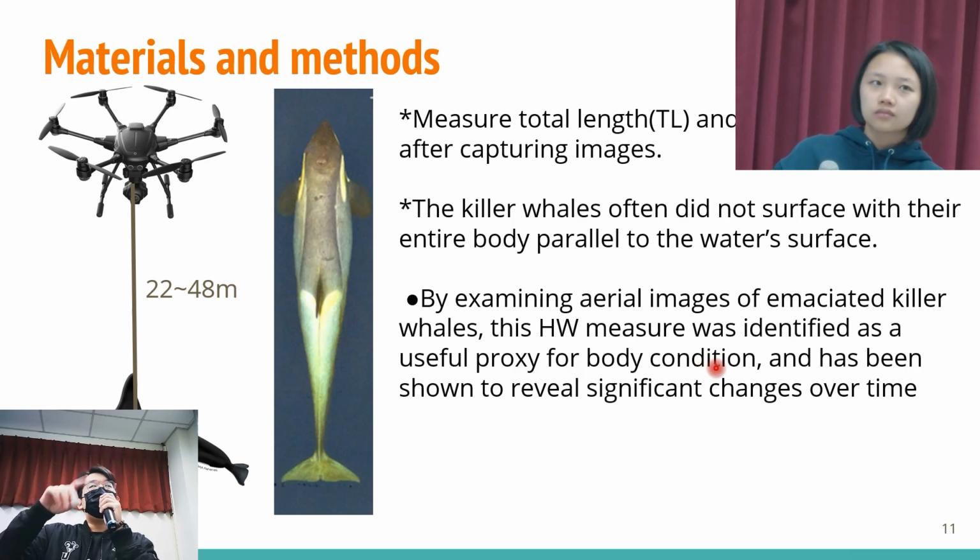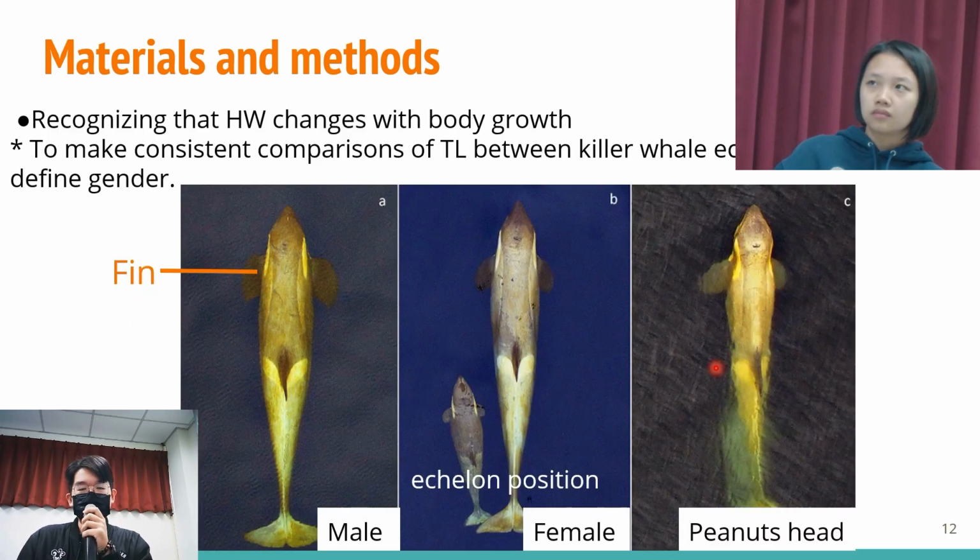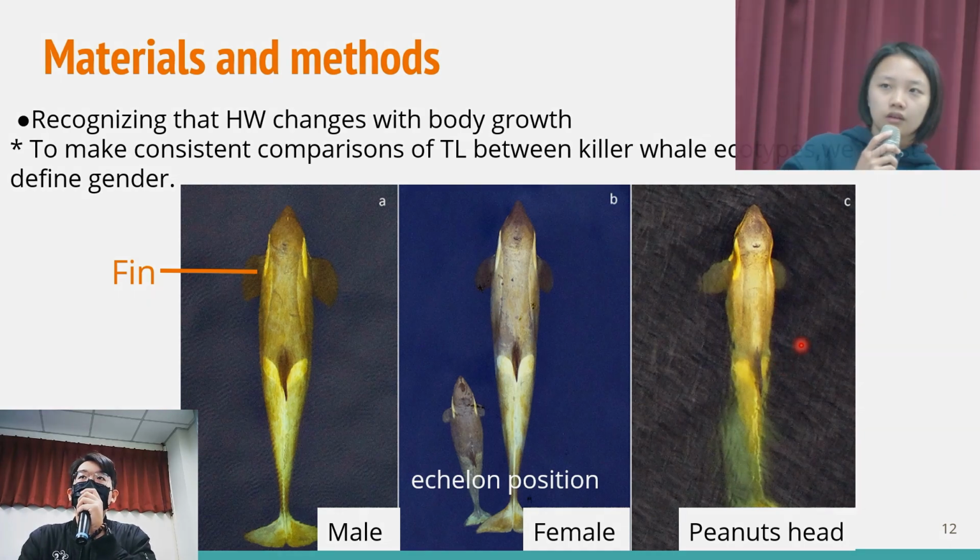So head width is directly related to body condition, and we use head width to know whether its body condition is good or not. So peanut head is just a feature. You can see that the head width is small compared to its body, so it's not in good health condition. Okay, thank you.